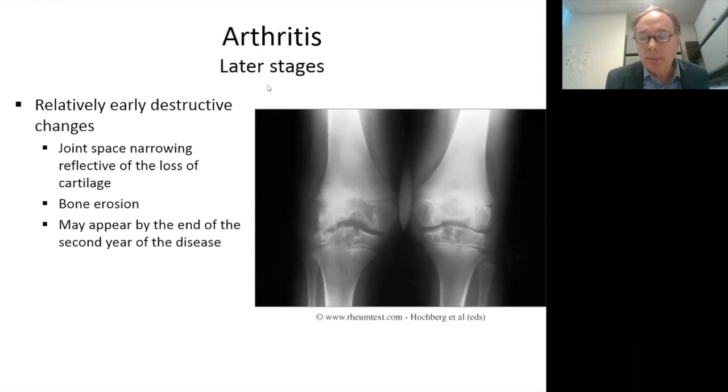So we see this sort of bizarre appearance of the joint space. But also, if you look in this area, we start seeing erosions in the bone itself. So these are significant destructive changes that certainly are going to limit the ability to move the joints and the quality of life of this patient significantly.